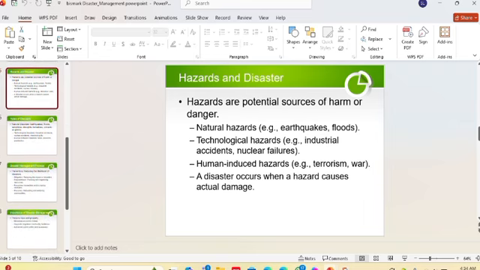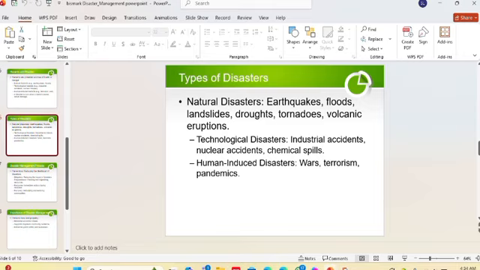So let us go to types of disaster. We have natural disaster and man-made disaster. When we talk about natural disaster, we have earthquakes, floods, landslide, drought, volcano eruption, tornadoes as examples. Then we have technological disasters, like industrial accidents, nuclear accidents, chemical spillage.